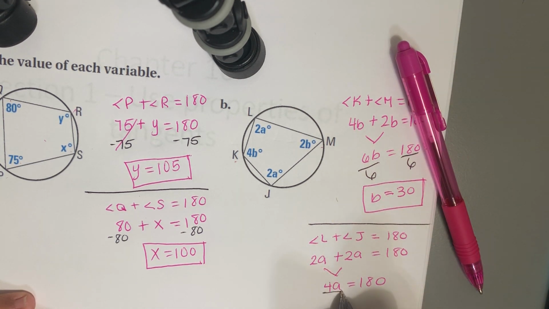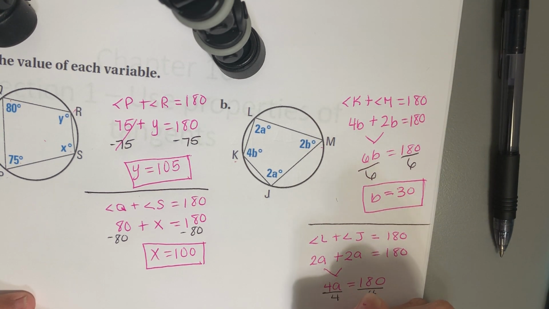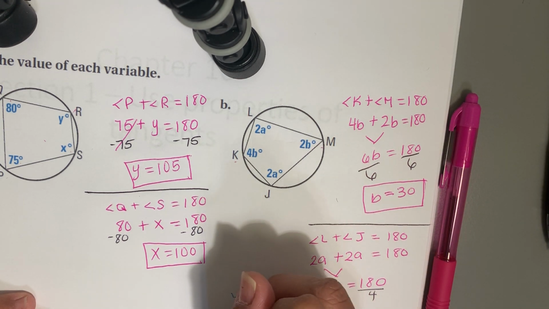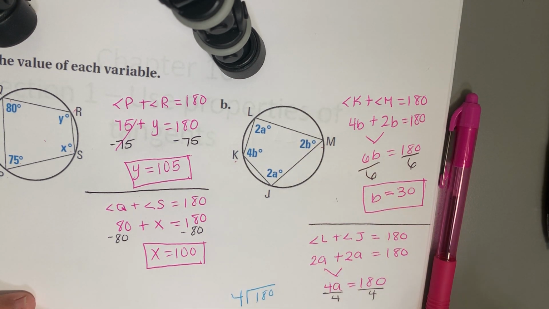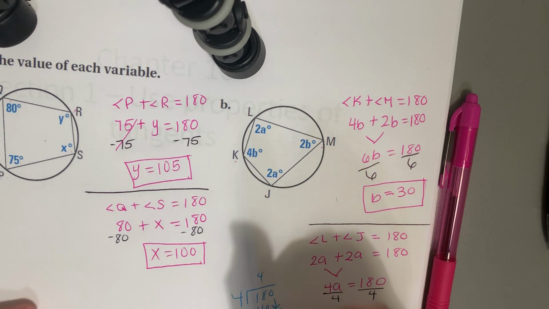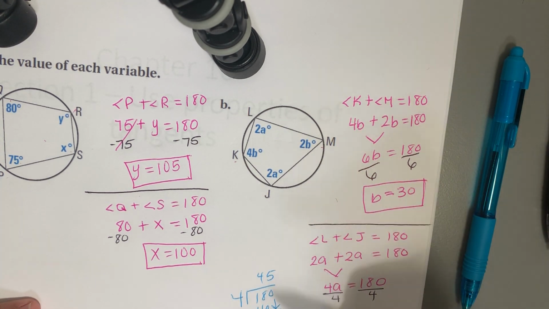And then you solve by dividing by 4. 4 goes into 180. You can use your phone calculator, I guess. But if you don't have a calculator, this is a way to do it. Or just Google one. 45.